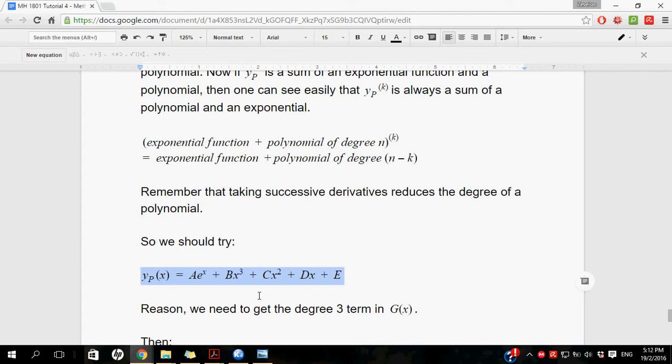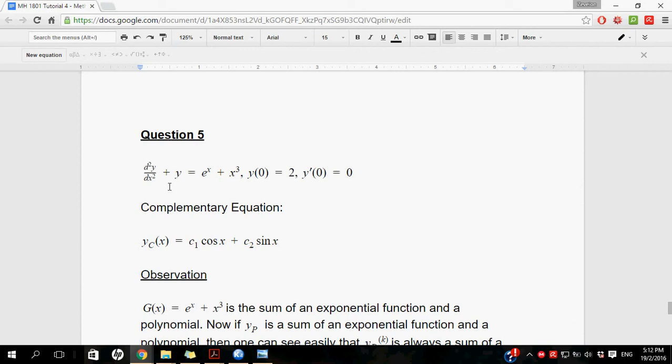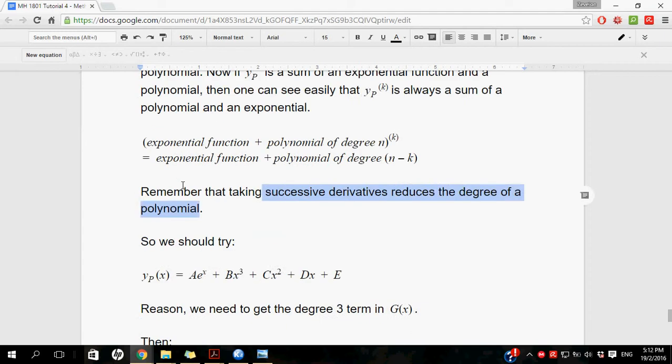Having it of degree 3 takes into account the fact that successive derivatives will always reduce the degree of a polynomial. Therefore, when we substitute yp into the left hand side, we will have that it should be an exponential function plus a polynomial of degree 3.